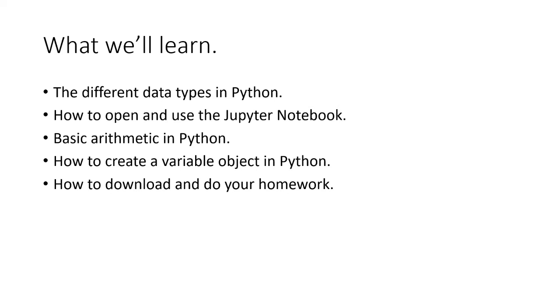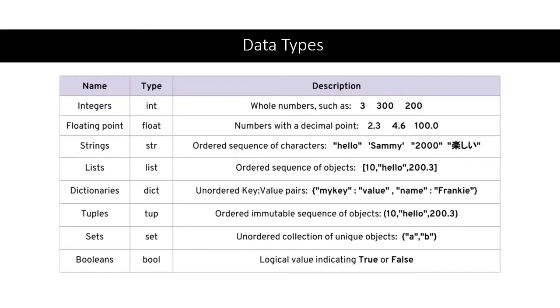Let's talk about this thing called data types. Data types are how computers store the data that you tell it to remember. So if you have a variable in Python, unlike other programming languages that you may have used before, like Scratch or MIT App Inventor, when we get into more robust programming languages, it forces you to say what type of variable is it, what data type is it.